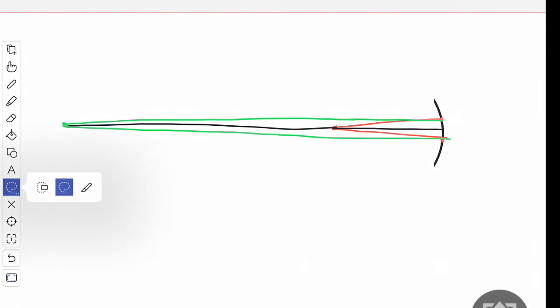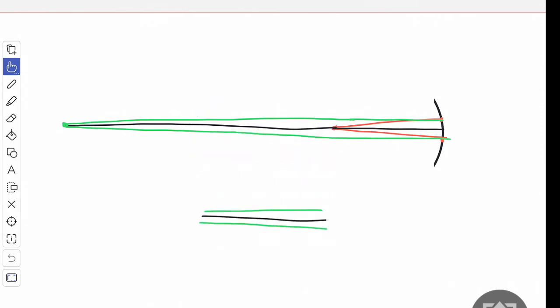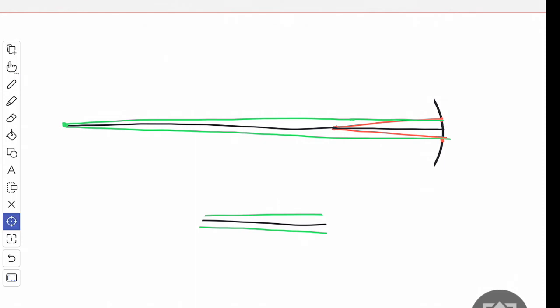So Meena, if you just look at this portion, look at these two green rays, right? You can see that they look almost parallel. Is it correct? Because this point is very far off. Now, if I increase the distance further, they'll become more and more parallel. Makes sense, right?